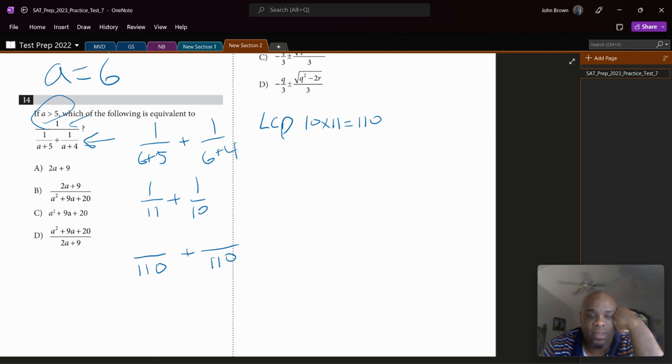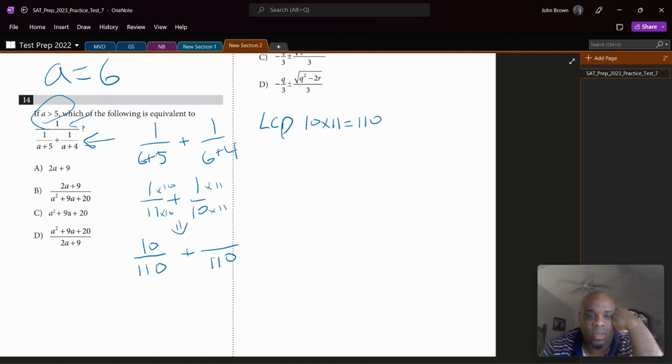So 11 times what gives me 110? 11 times 10, so I multiply the 1 on the top there by 10. And then 10 times what gives me 110? 10 times 11, and then I multiply the top by 11. So, right, 11 times 10, 10 times 11, 1 times 11, 1 times 10.